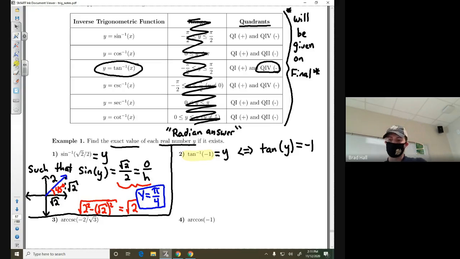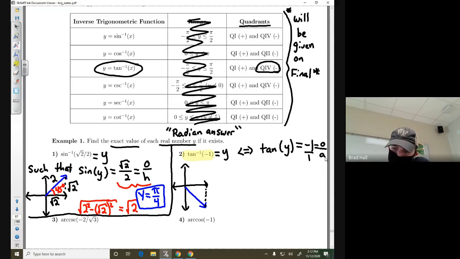So when we make the triangle, we're going to triangulate in quadrant 4. Another helpful reason for having tan of y is equal to -1: tangent is opposite over adjacent. So we can think about this as -1 divided by 1.